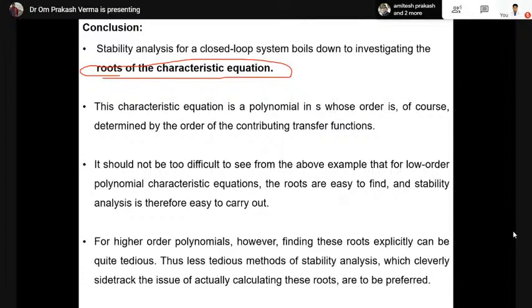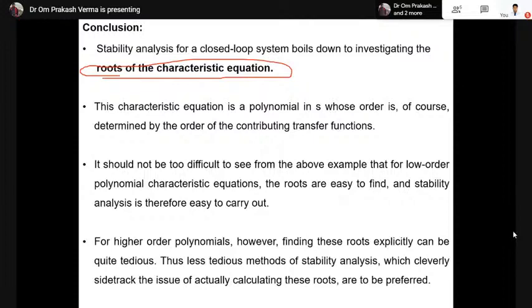It is not difficult to see from the above example that for lower order polynomial characteristic equations, such as second order, it is easy to calculate the roots, and the stability may be analyzed.